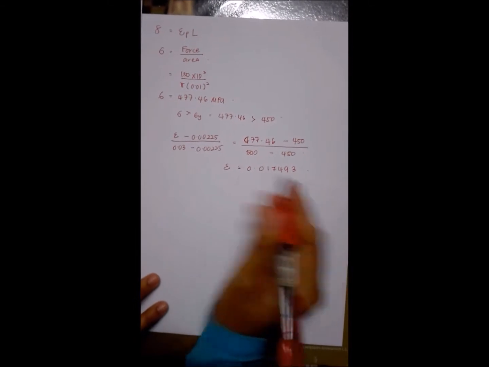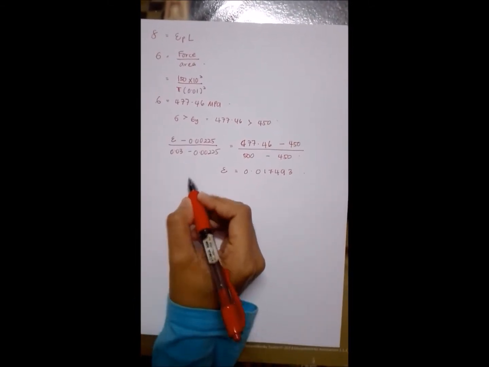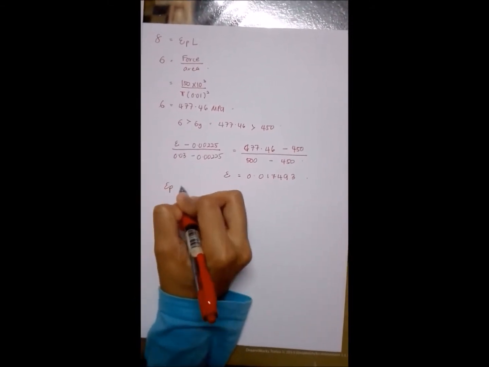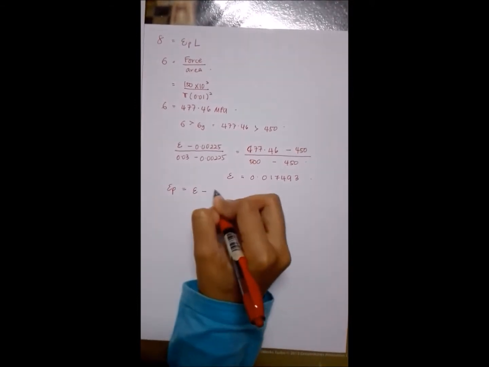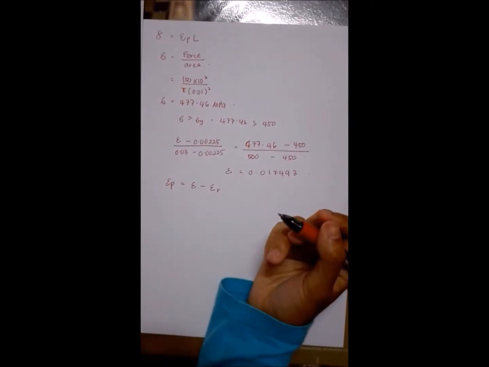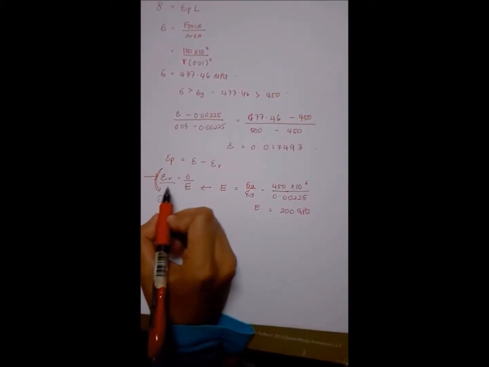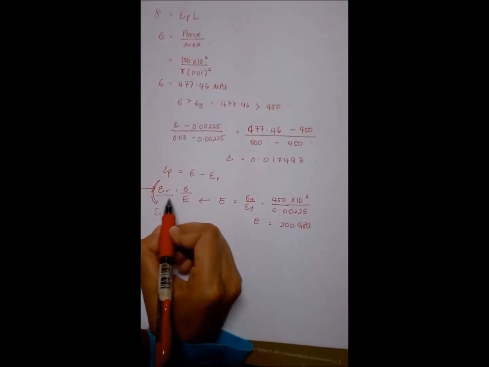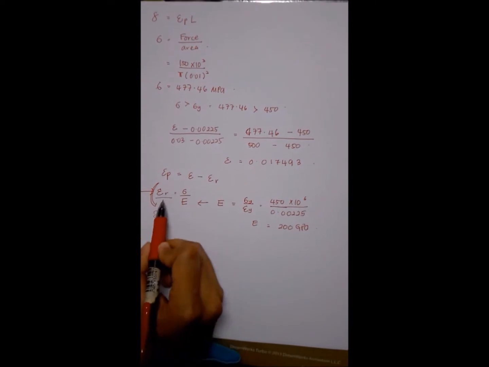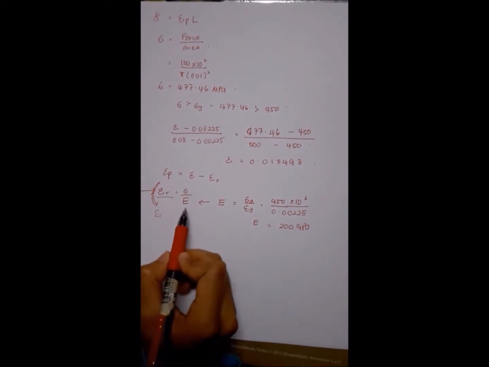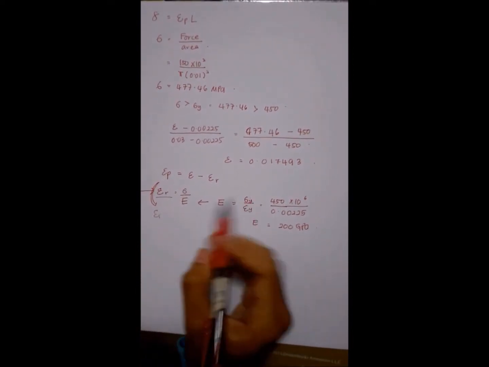The formula for the strain at the plastic condition is strain minus strain recovery. Next, we have to find the strain recovery. Strain recovery equals stress over modulus of elasticity.